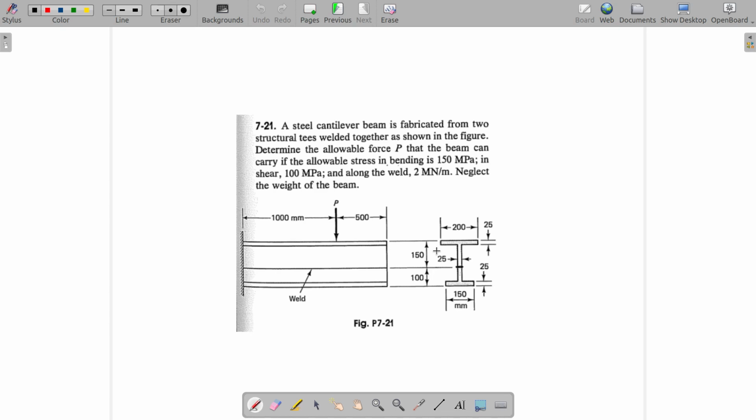Yeah, so let's look at the problem here now. So this is an I section obtained by welding together two T sections.